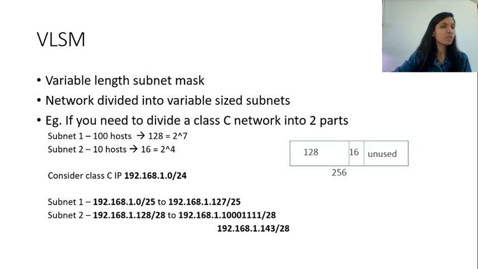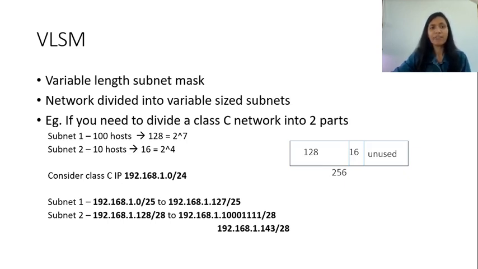If you would have used FLSM in this case, then subnet 2 would also be allocated 128 addresses. That means you would have wasted around 126 minus 10, because only 10 would be used out of 126. So 116 addresses would go wasted.